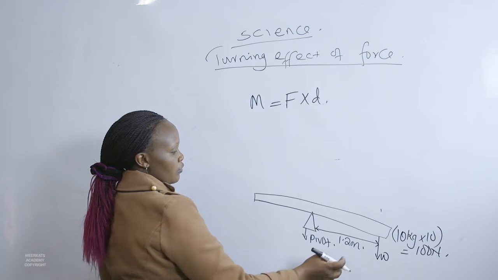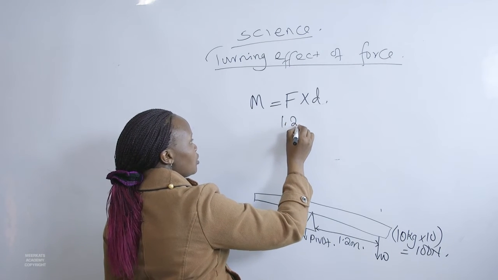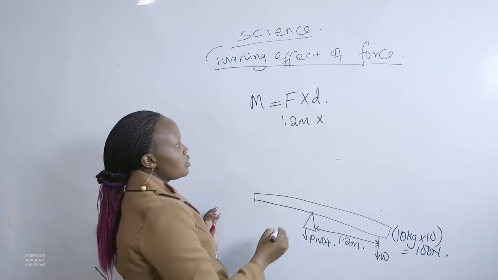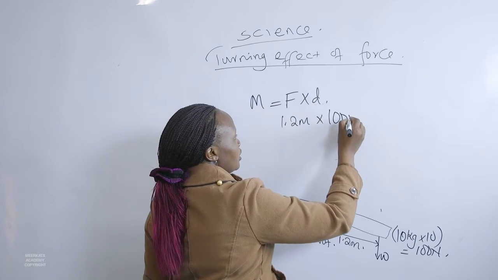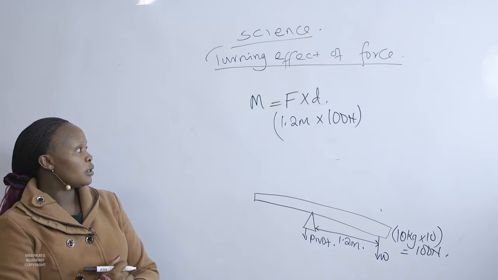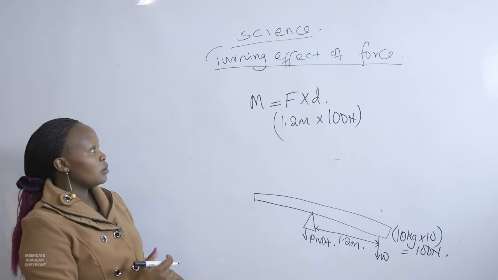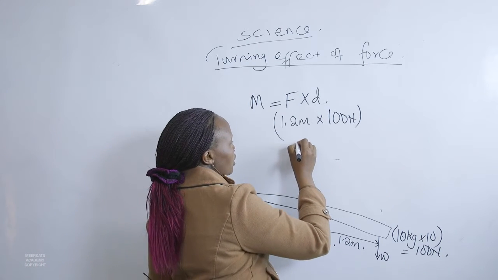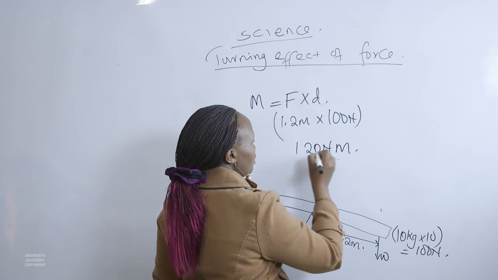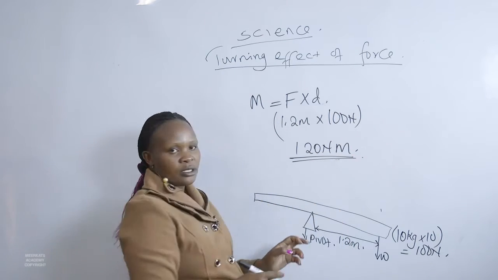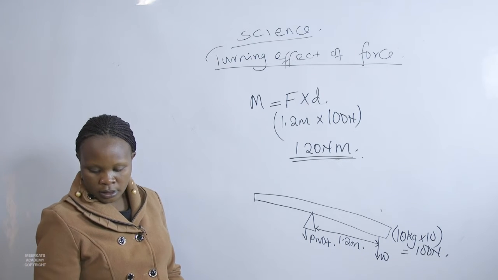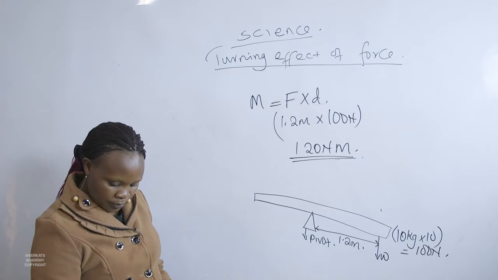In our case here, we have a distance of 1.2 meters, and the force is about 100 newtons. Therefore, the moment will be 120 Newton meters.